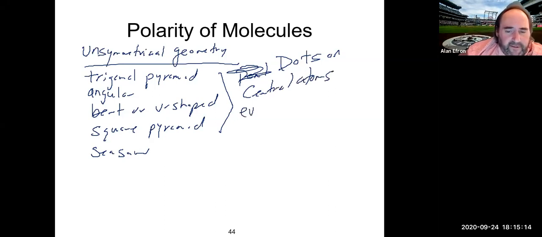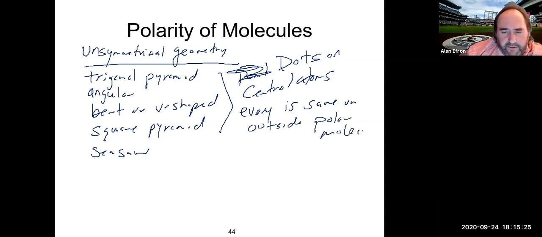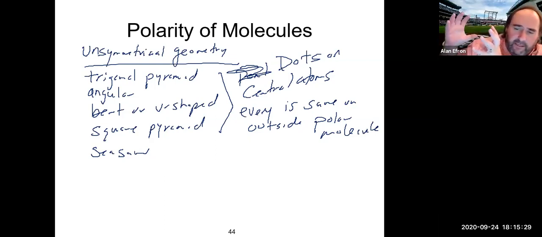And if everything is the same on the outside, it is going to be a polar molecule. So if you draw a Lewis structure, you see dots on the central atom, you see everybody on the outside is the same, pretty safe bet to go with a polar molecule.